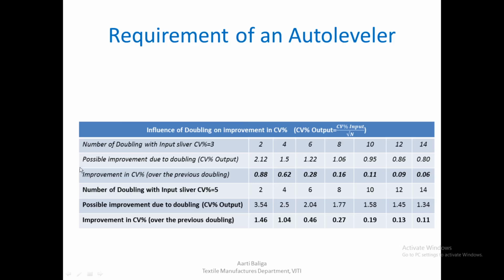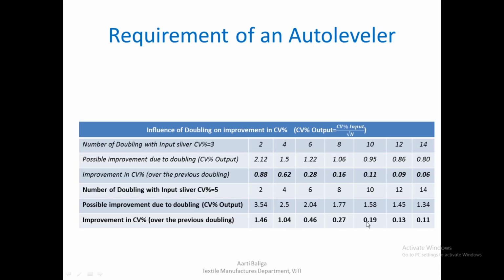There is another table which I would like to highlight. If the input sliver CV, instead of 3, is 5, say, and we calculate similar values of CV, the possible improvement after doubling, we get these figures, and we see a reduction in CV just like the previous case for a starting CV of 3.